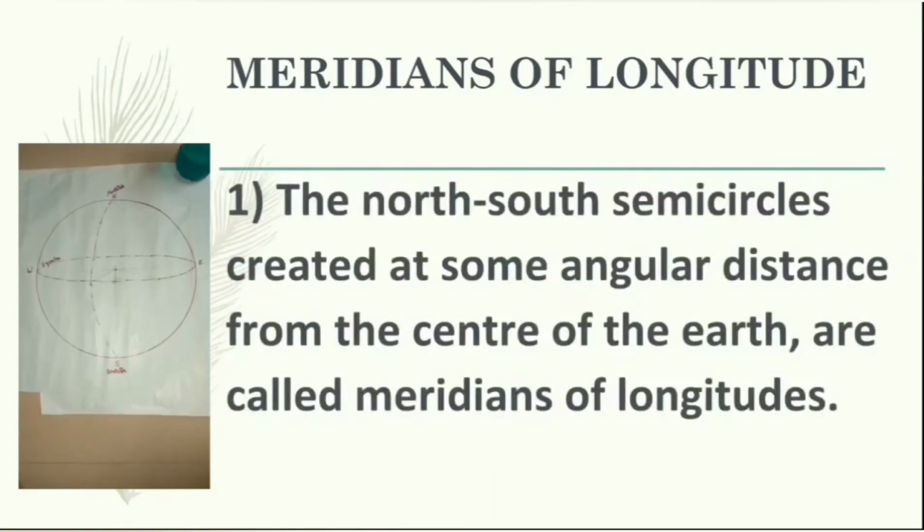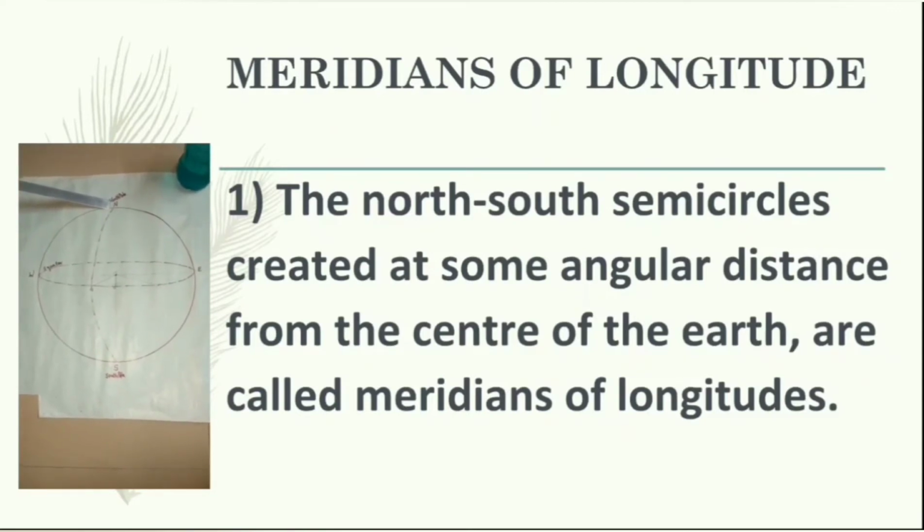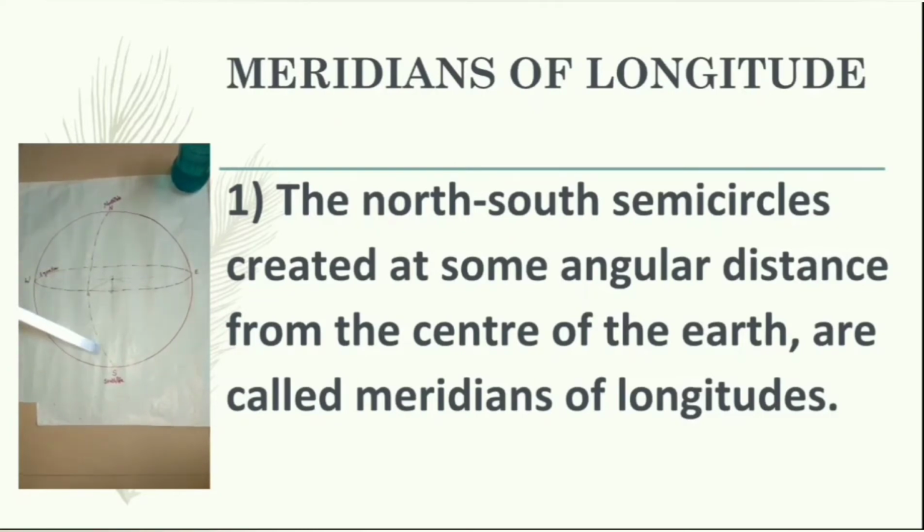First point, the north-south semicircles created at some angular distance from the center of the earth are called meridians of longitude. Now, see here, this is the North Pole, and this is the South Pole. From north to south, a semicircle has been drawn.